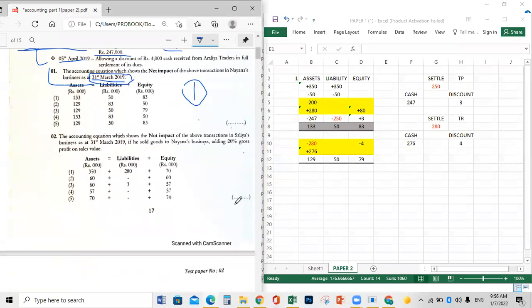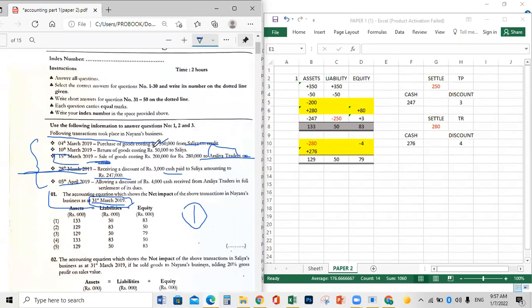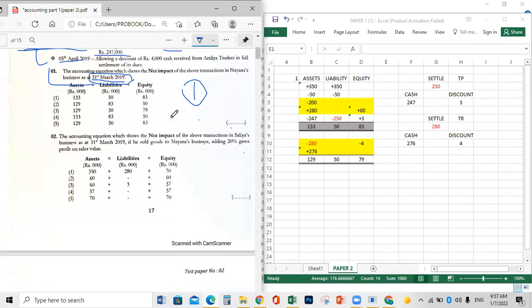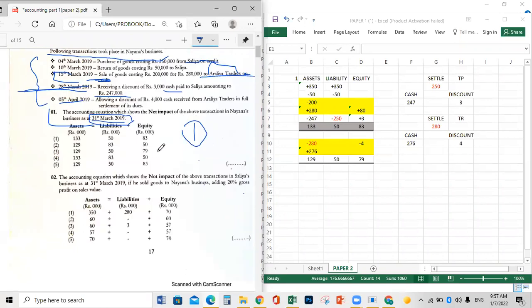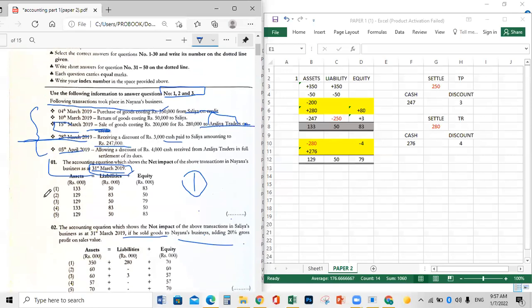The accounting equation which shows the net impact of the above transaction in Salia's business as at 31st March if he sold goods to Nayana's business, adding 20% profit on the sales value. So guys, the next question is the same as questions 1, 2 and 3. They are asking what will be the net impact in Salia's business if Salia's business sells to Nayana's business.